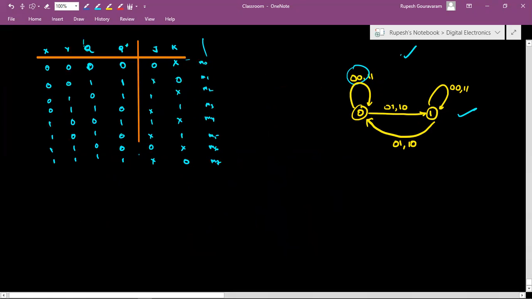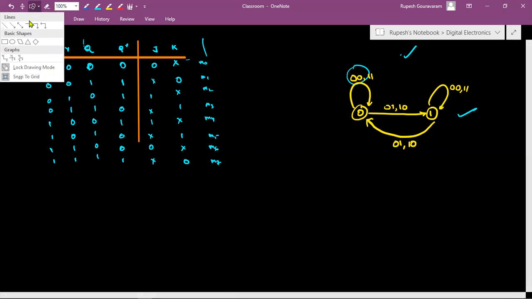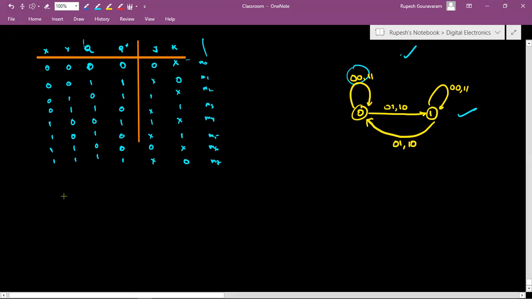So from this, if I draw the K-map for x, y, and Q, we have to derive what J is. So how will the K-map look? One is this, then inside there will be lines.